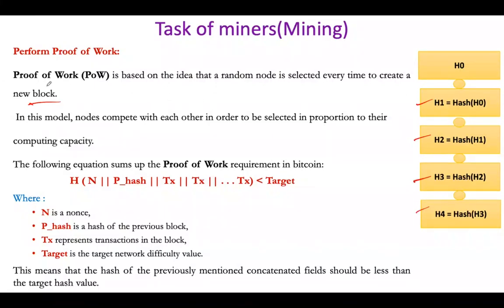Proof of work is based on the idea that a random node is selected every time to create the new block. In this model, nodes compete with each other to be selected in proportion to their computing capacity.